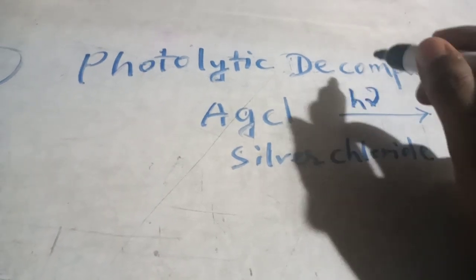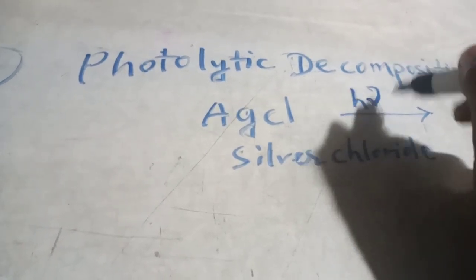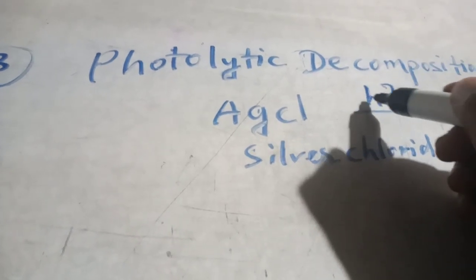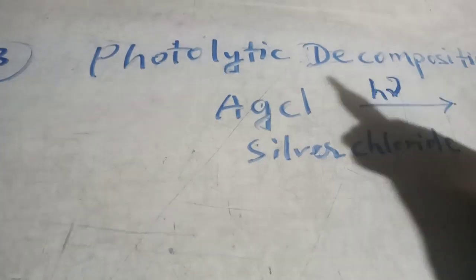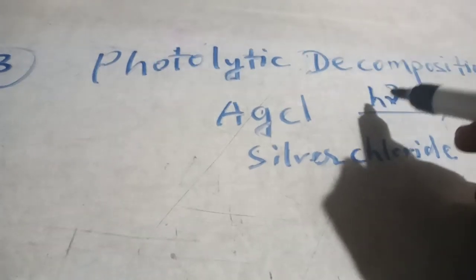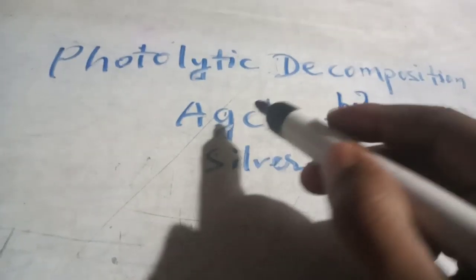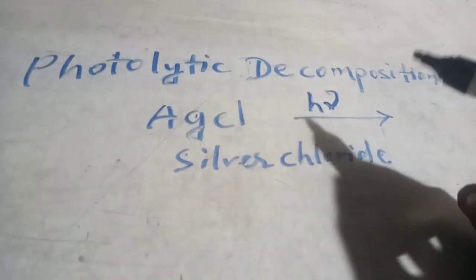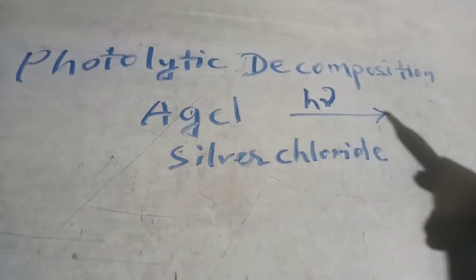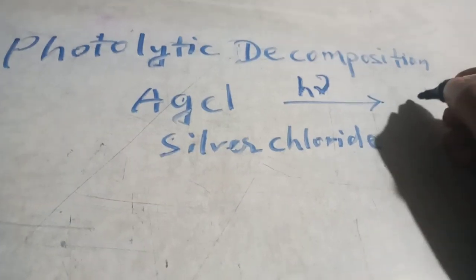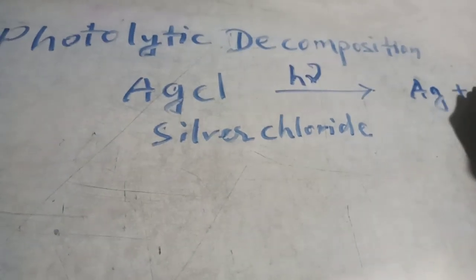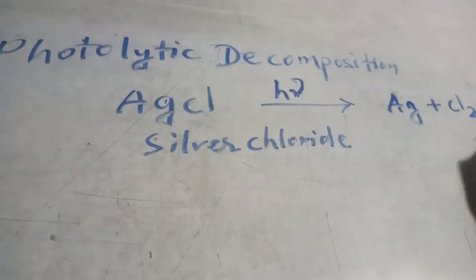So sunlight you can symbolize as, you can write sunlight, or you can give Hν. So when silver chloride is exposed to sunlight, it will form Ag plus Cl2.